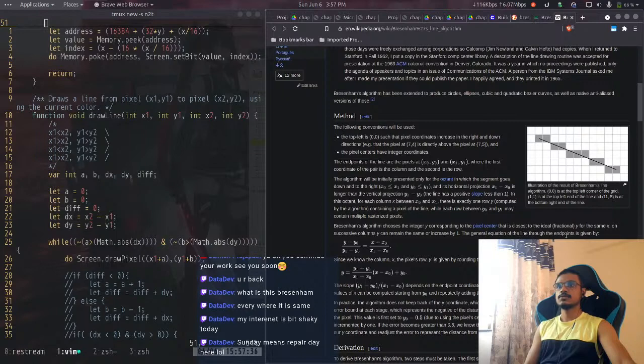The general equation of the line through the endpoints is given by y minus y0 upon y1 minus y0.